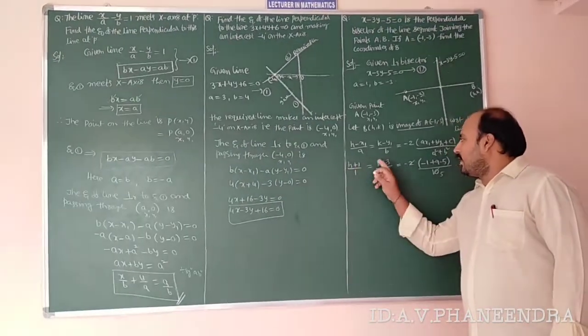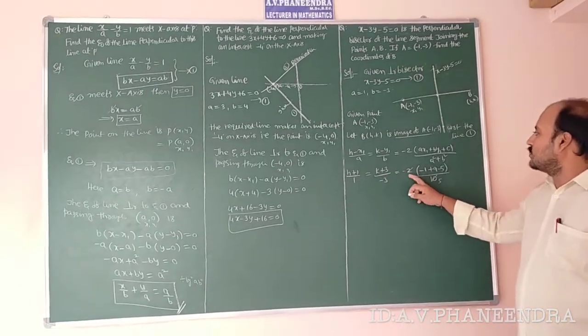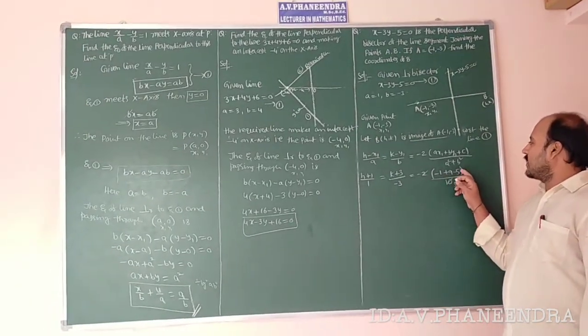So (h + 1)/1 = (k + 3)/(-3) = -2(-1 + 9 - 5)/10.